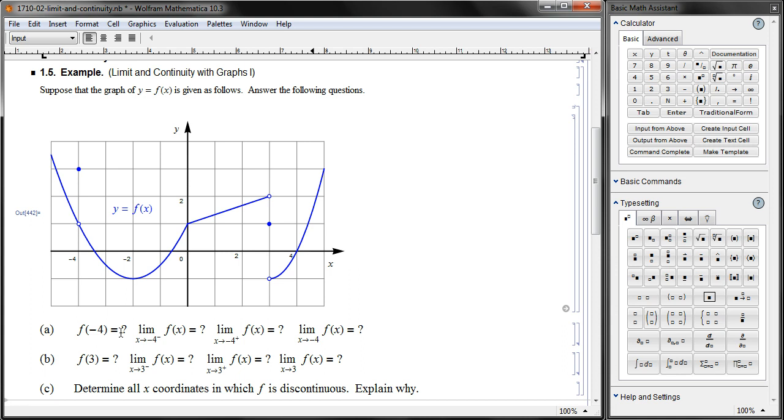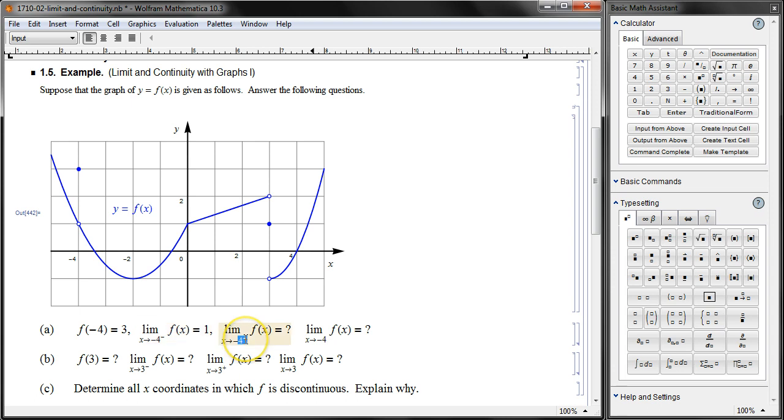This is the function value. So the y-coordinate value of that point here, that's 3. Okay, now left-hand side limit, so this is -4 minus. So follow the graph from the left-hand side. Which y-coordinate is it converging to? It's converging to y equals 1.